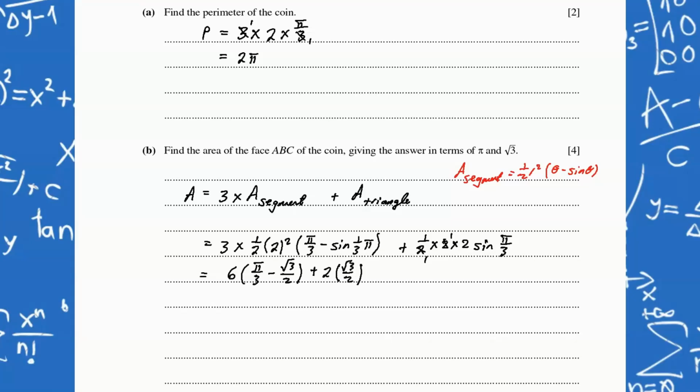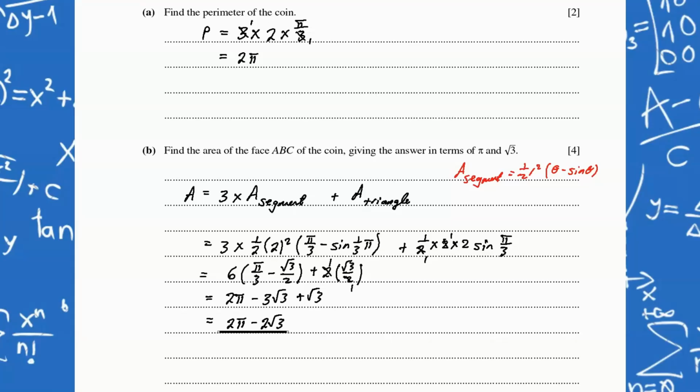So the 2's cancel here. 6 times pi over 3 is 2 pi. 6 times minus root 3 over 2 is minus 3 root 3, and plus root 3 here. So basically we'll be having 2 pi, and minus 3 root 3 plus root 3 is minus 2 root 3. So this is the answer we get right here.